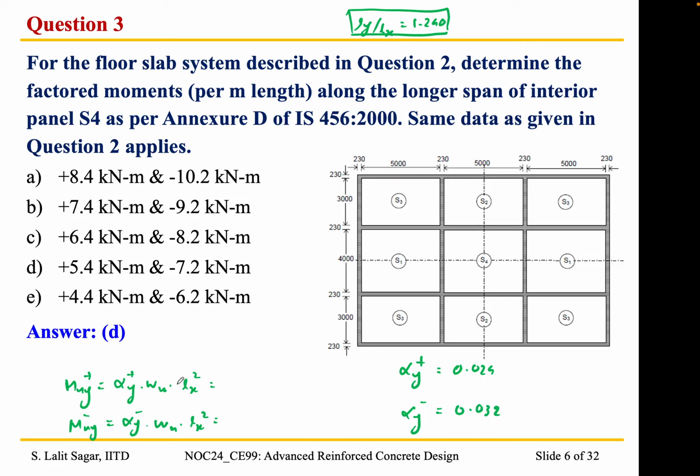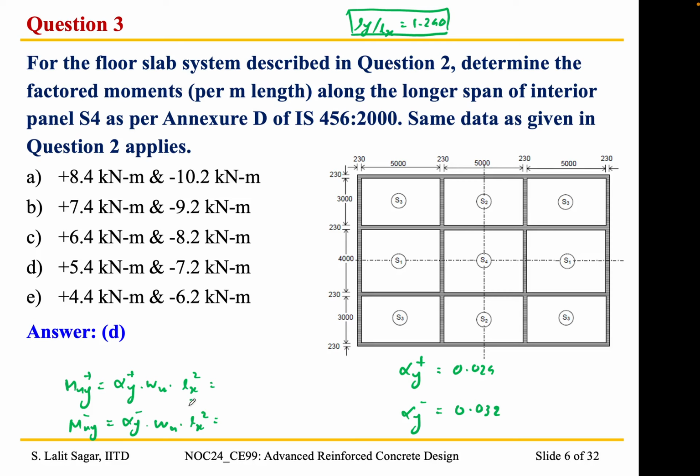Okay, so I would like to mention that even when you are determining the factored moment along the longer span, we still have to consider the effective length along the shorter direction.